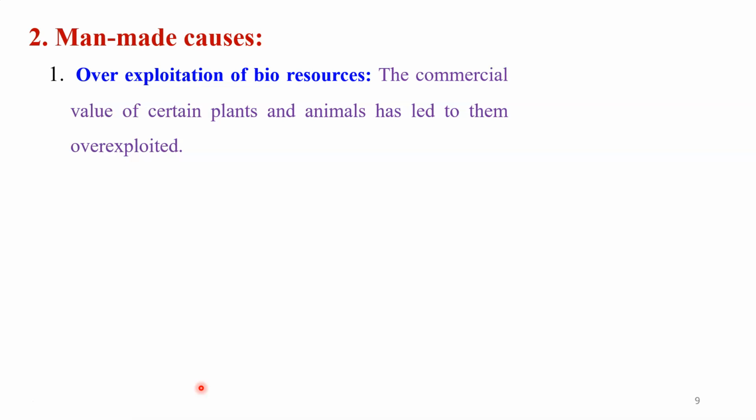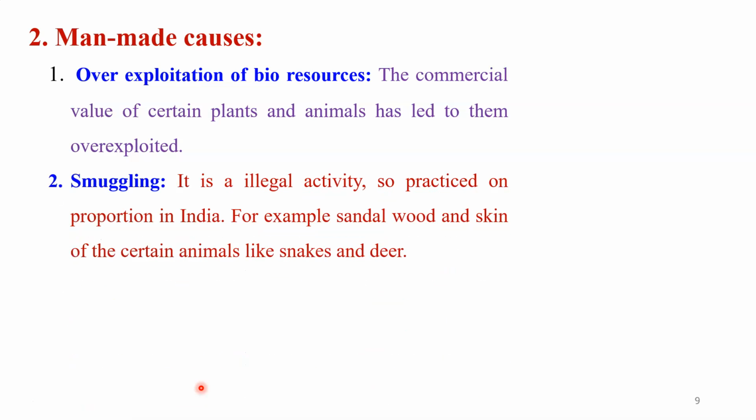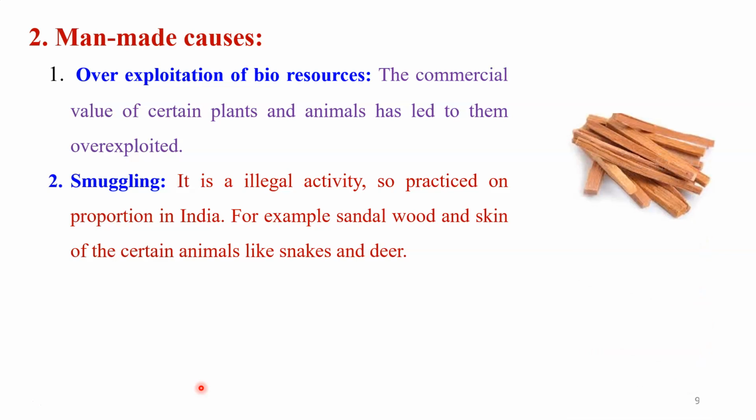And in India we observe that smuggling is also a very important thing. Due to this activity, we directly or indirectly damage the biodiversity a lot. Especially, I am talking about smuggling of sandalwood or the skin of certain animals like snakes, deer, lions, elephants and a lot of others.